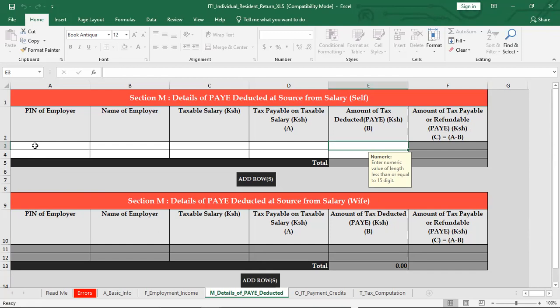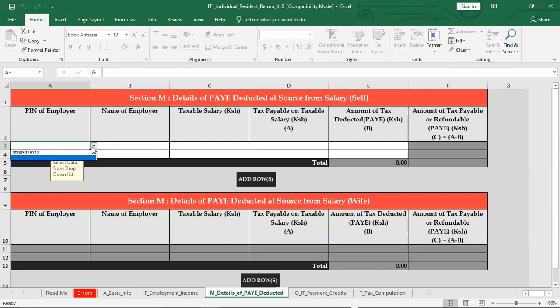Because already ulikuwa ushaweka the PIN number of the employer, utaklik kwa cursor, utaklik hapo ndani, unaona haka kakitu? Aka kakitu, this one. So you click on it. Itakupia the PIN number you have entered previously.